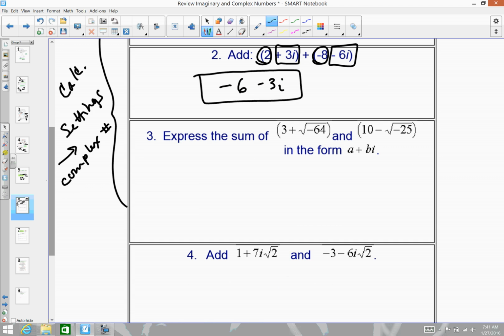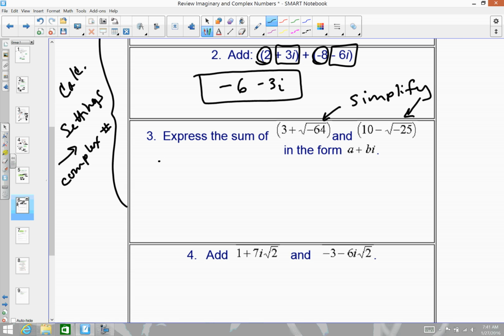Pretty straightforward. Let's look at this next example, though, where we've got some radicals with negatives. This means they're not given to us in simplest form, so we need to take these radicals and simplify them.